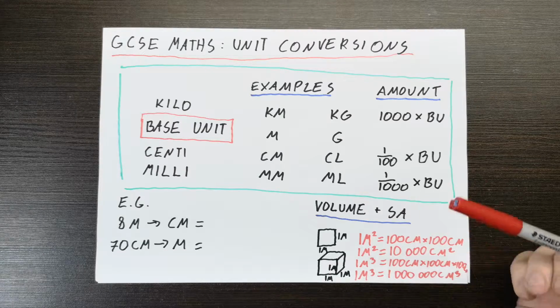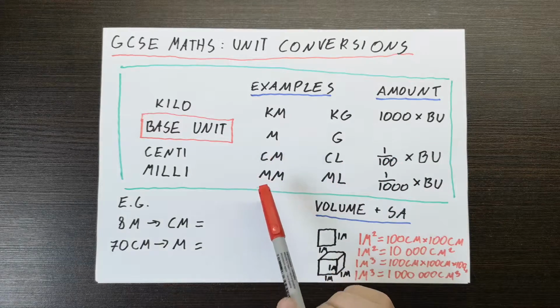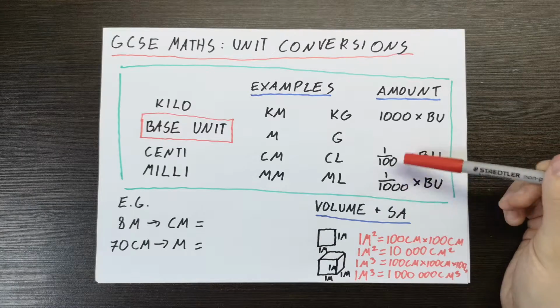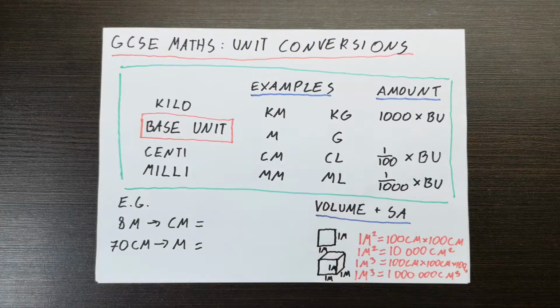Of course, you can also convert from, for example, centimeters into millimeters. You can see a difference here of 10. So 10 millimeters equals 1 centimeter, for example.